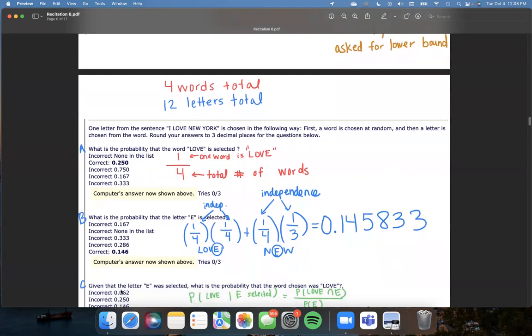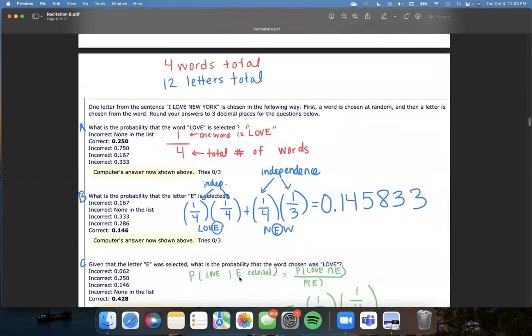Next is, given that the letter E was selected, what is the probability that the word chosen was love? Here our keyword is given, so I know we're dealing with a conditional probability: the probability that we chose the word love given E is selected.